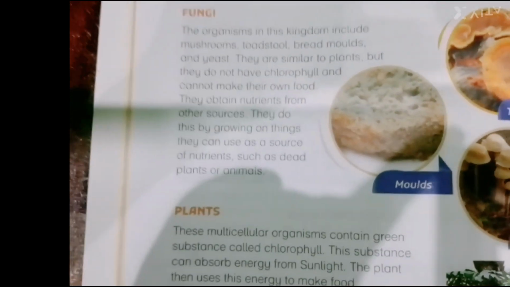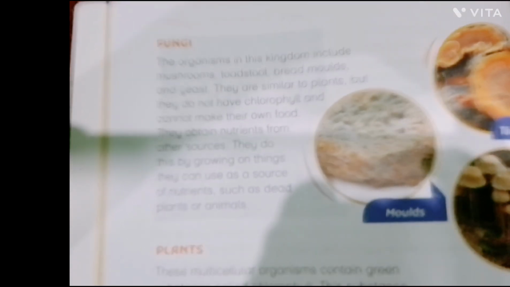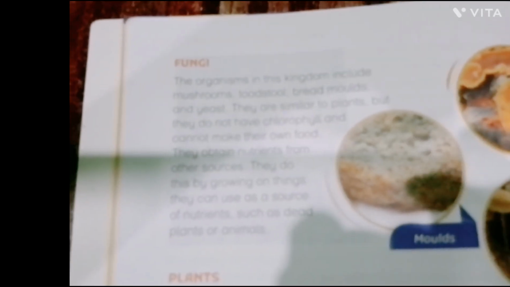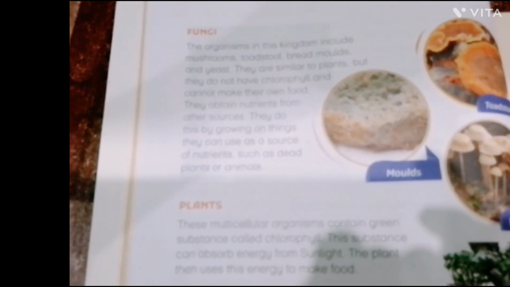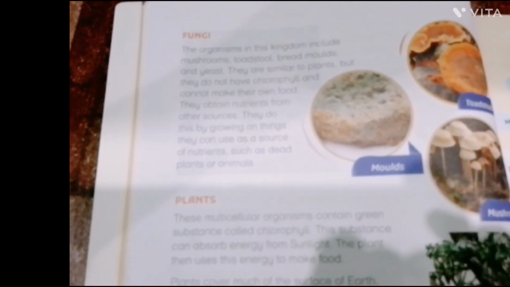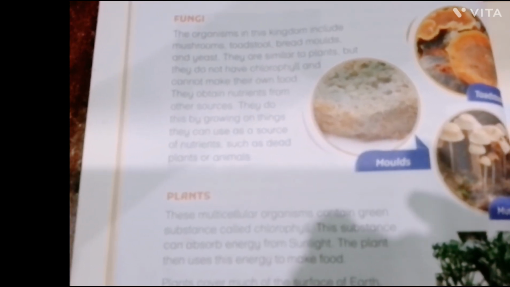Now we go to the next page and study the fungi. Fungi are also decomposers. The organisms in this group include mushrooms, toadstools, bread mold, and yeast. They are similar to plants, but they do not have chlorophyll and cannot make their own food. They obtain nutrients from other sources.